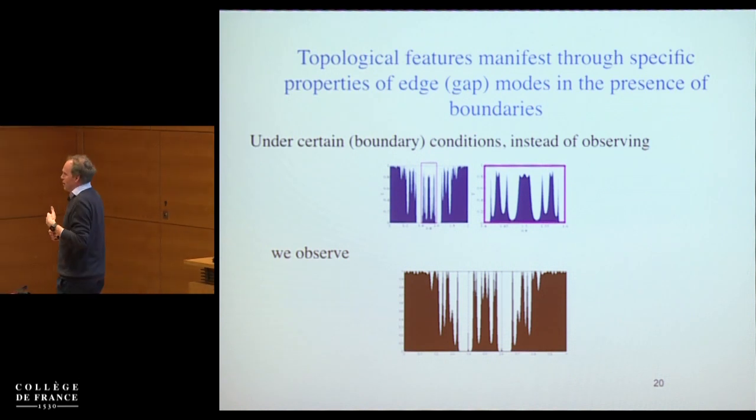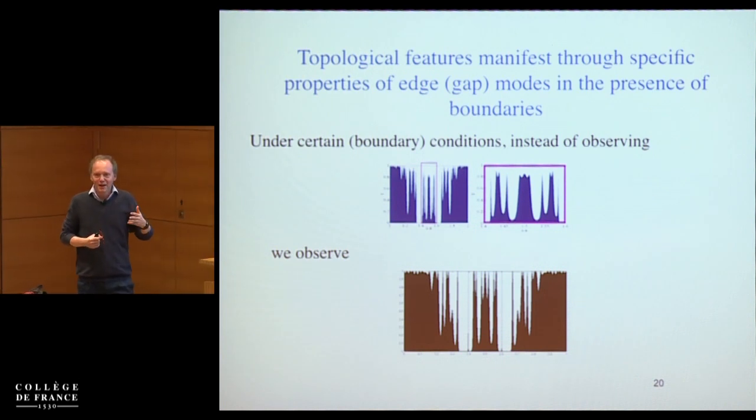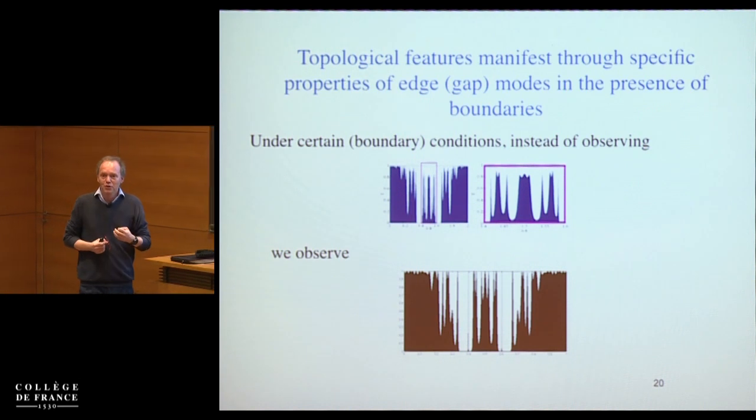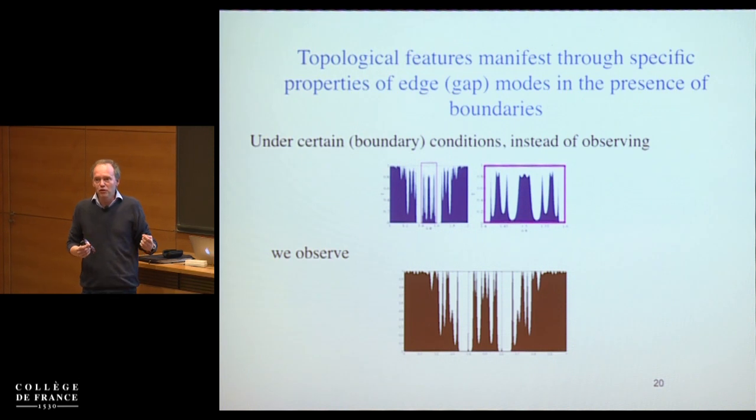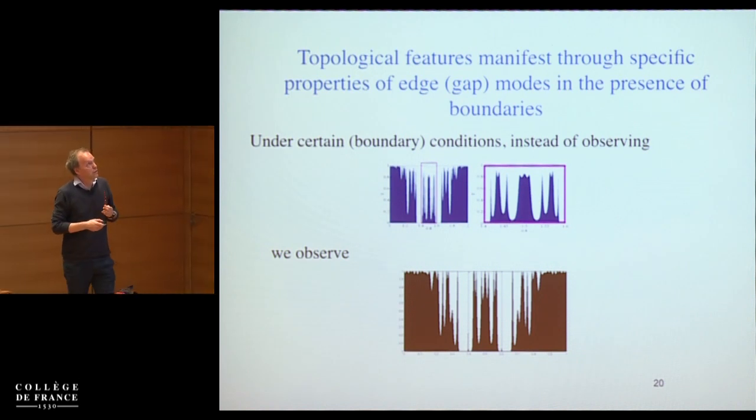And we know from the Hall effect, and here also we will see, that a way to measure those bulk numbers is to use finite size systems and to use edge states, either modes or transport through the system, so you need a finite size system. And here I would like to do the same, to see if those topological features manifest through some specific properties of edge modes or gap modes, depending on who is speaking, in the presence of boundaries.